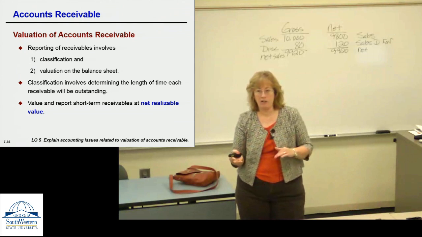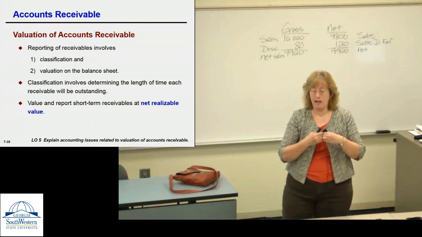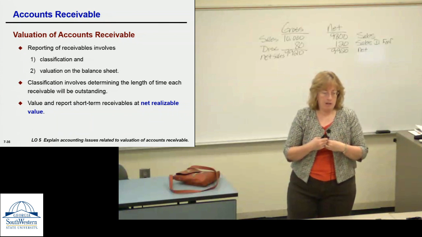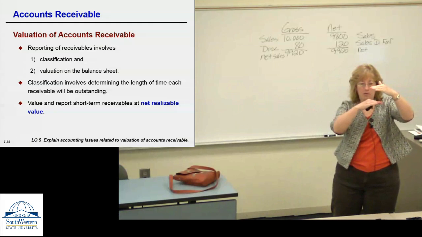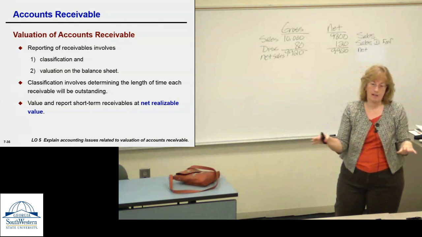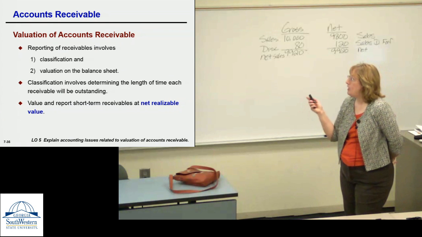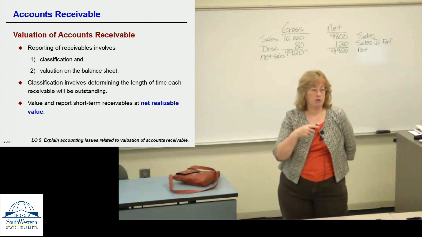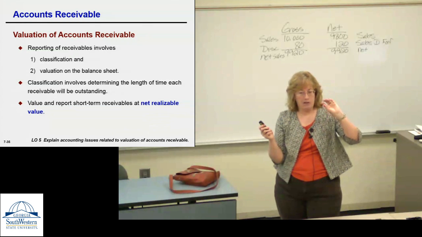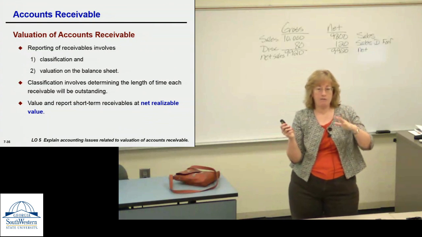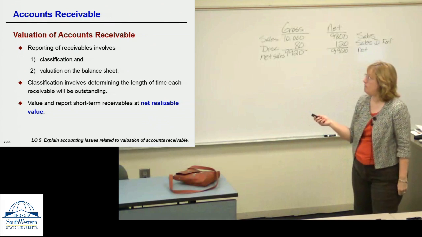Accounts receivable are valued on the balance sheet at net realizable value, meaning what we think we're going to actually get from all of these receivables. So the accounts receivable less the allowance would be our net realizable value. Okay, so we value them at net realizable value. Classification has to do with whether it's short-term or long-term. So if an accounts receivable, and it normally is short-term, it goes in the current assets, but if it does happen to be a long-term receivable, then it should go in the long-term section.